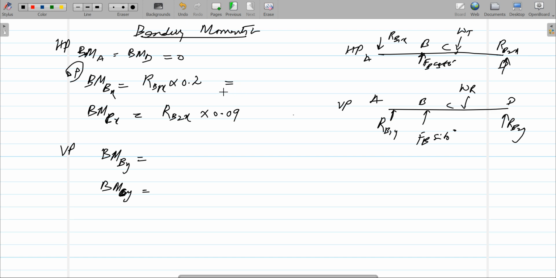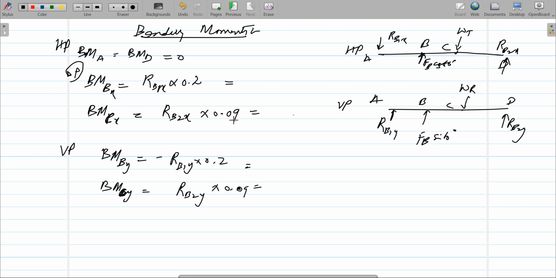Let me just write the equations again. RB1Y into 0.2 with the clockwise direction is negative, and the moment at point C is RB2Y into 0.09.